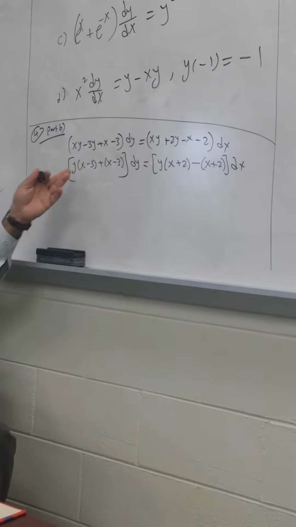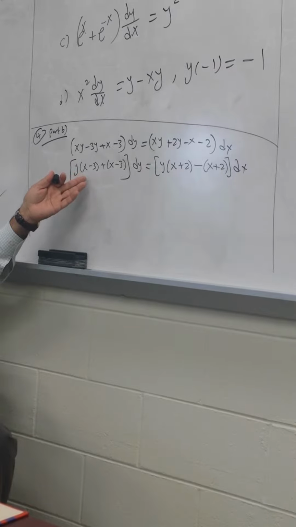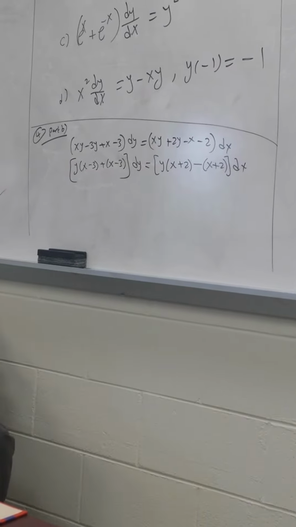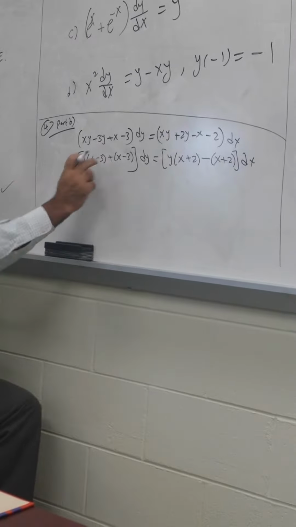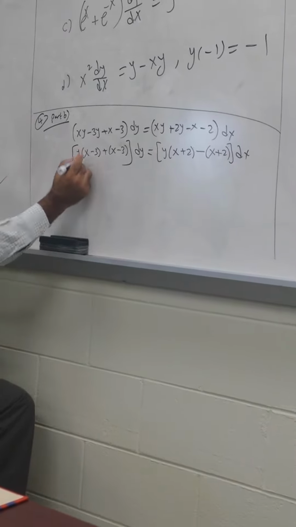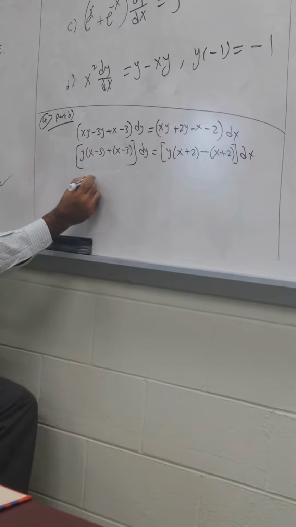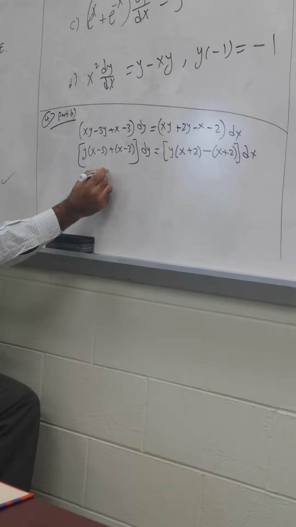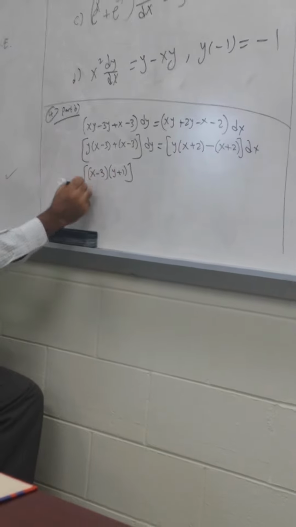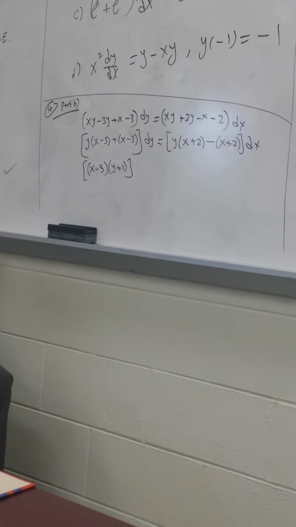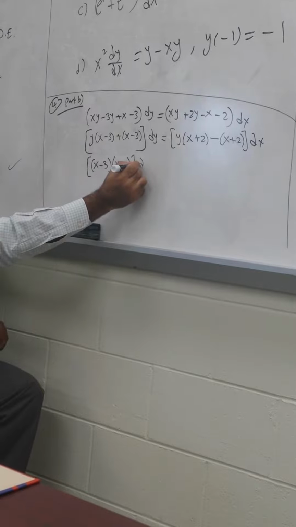But if you look at this bracket here on the left-hand side, there is x minus 3 common, right? We can pull this out from these two terms. Okay? Then we get x minus 3 multiplied by y plus 1. Because I'm taking x minus 3 outside as a common factor, dy.